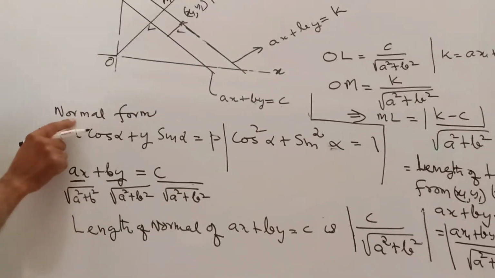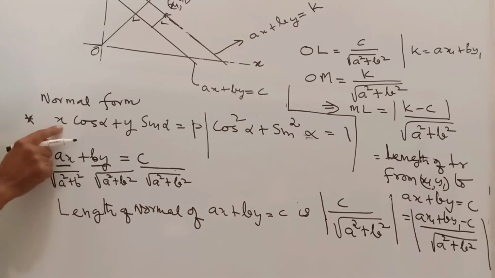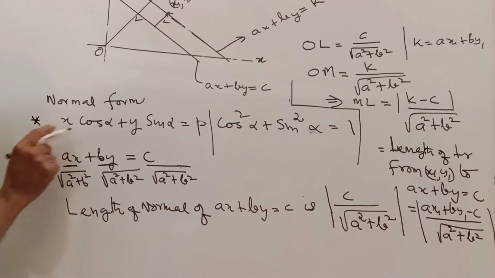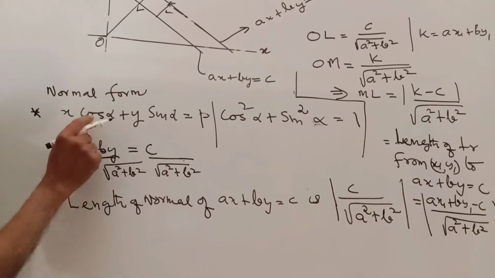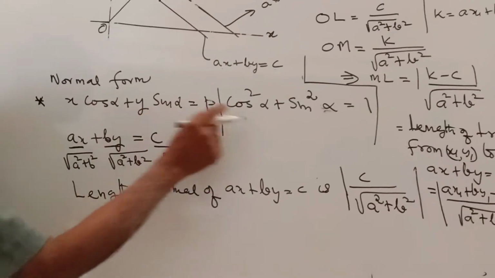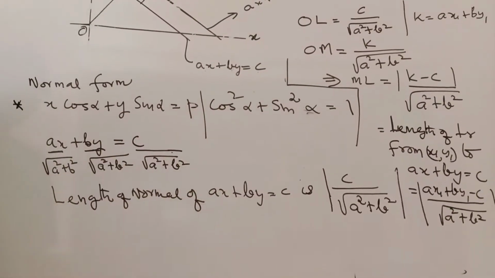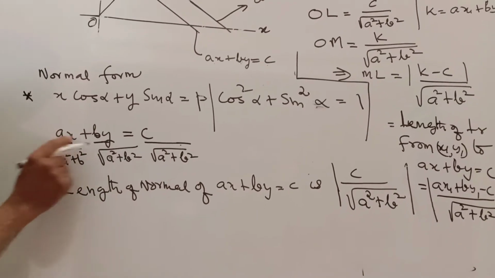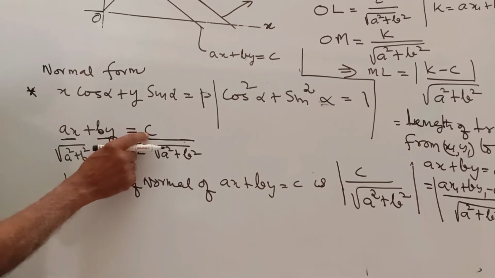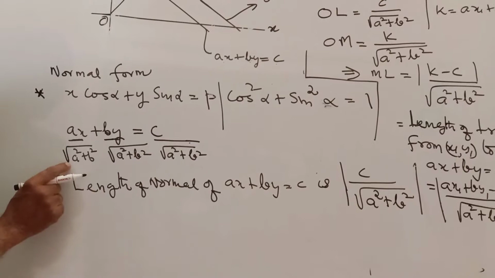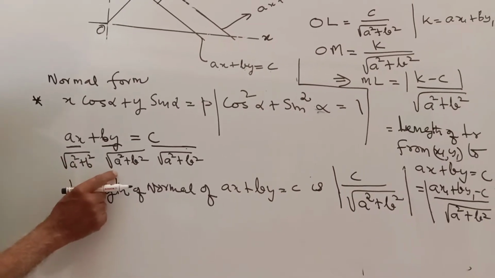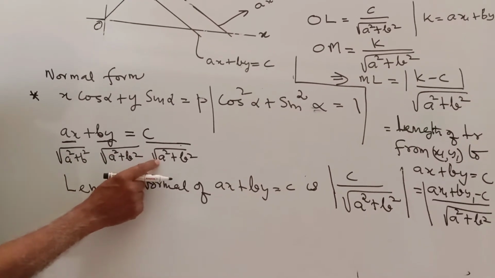Now the normal form we have seen is x cos alpha plus y sin alpha equals p. If we observe, cos squared alpha plus sin squared alpha is 1 in trigonometry. So if ax plus by equal to c is given, you divide by root of a squared plus b squared throughout.